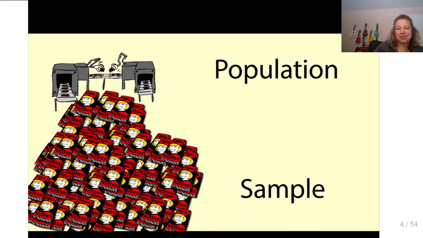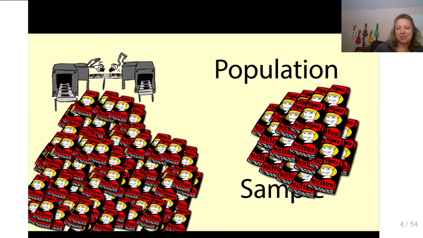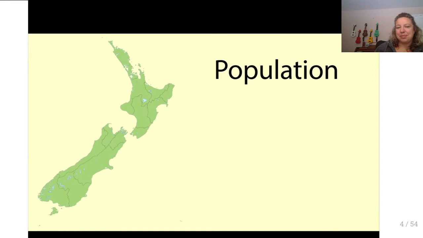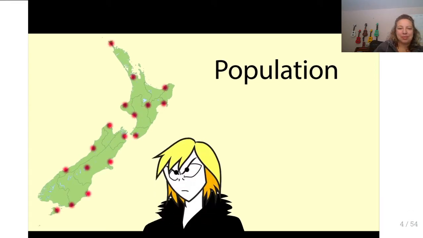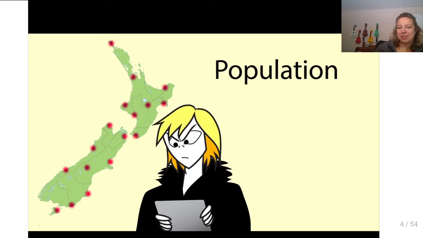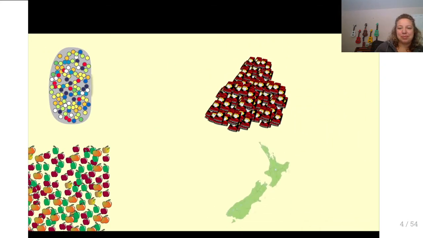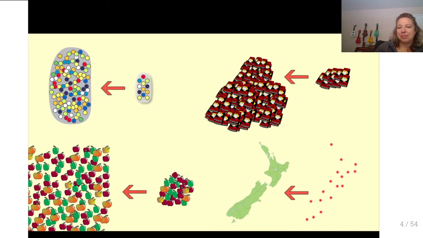A sample is the 30 bars we choose to melt down and weigh the nuts from. The population is all the voters in New Zealand. A sample is 1,000 people who are asked their opinion in an online survey. In each of these examples, we can use the data from our sample to draw some conclusions about the objects or people in the population.